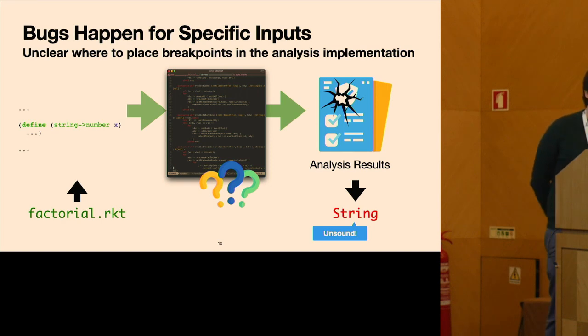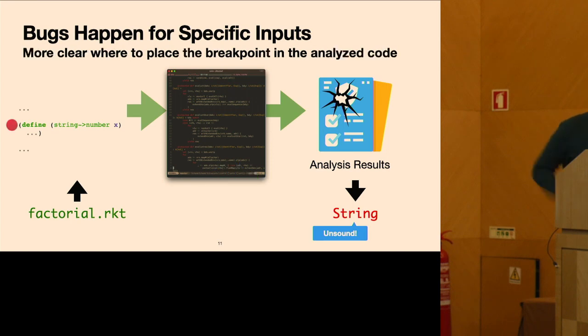On the other hand, when we look at a specific input program, like our factorial, perhaps we have a function string to number, which does not function properly or which doesn't have a good analysis implementation. And maybe it would be more interesting for a programmer that is developing the analysis implementation to put a breakpoint in the inputs of the analysis rather than in the analysis implementation itself.